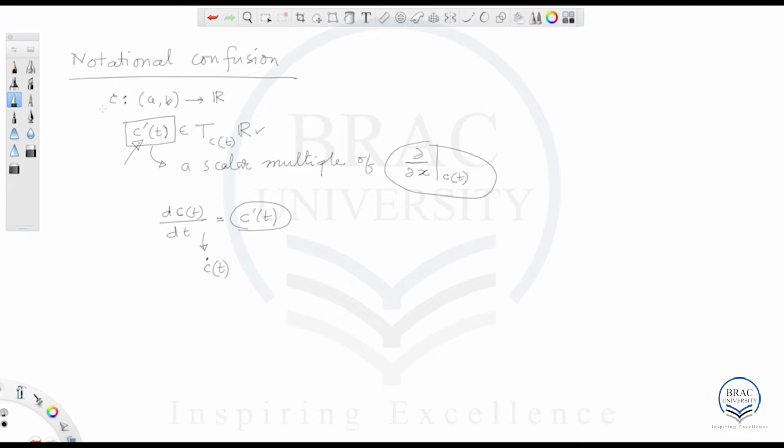So this is a scalar valued function or a real valued function, and c dot of t is going to be a scalar, which is the ordinary derivative of this real valued function with respect to time. That's what we are going to denote by c dot of t. And we are going to reserve c prime of t for the velocity vector to a curve at a given time.